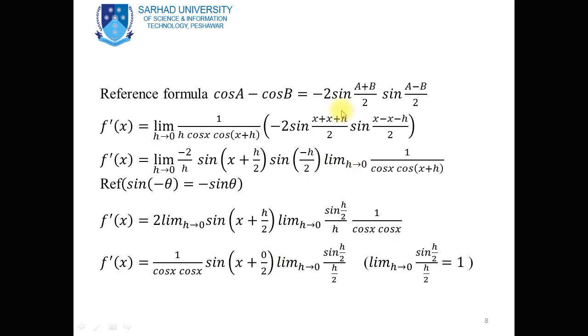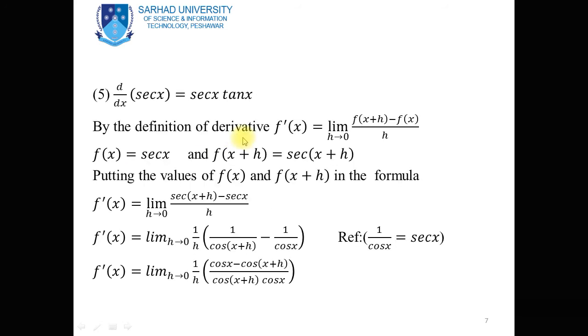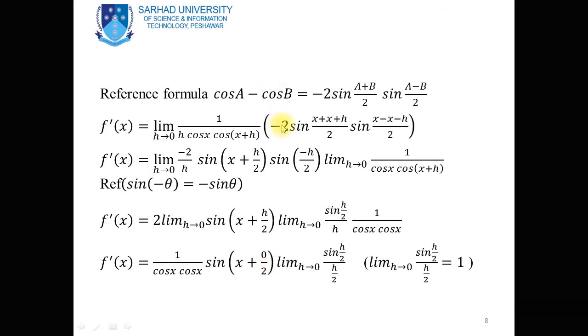Now using this formula, the limit as h tends to 0 of 1 over h, cos x into cos of x plus h as it is, and for the numerator we use the formula minus 2 sine of a plus b divided by 2 and sine of a minus b divided by 2.